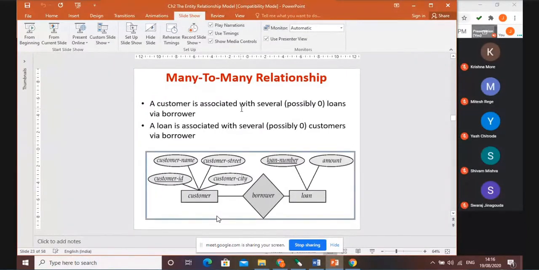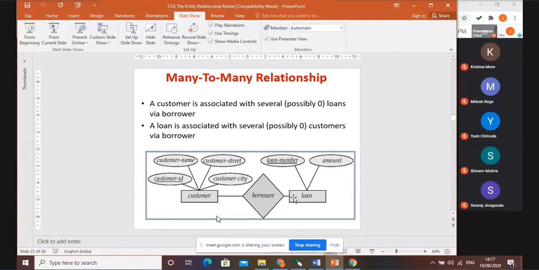Here a customer is associated with several loans via borrower. See here, the solid line indicates that one customer is associated with several loans and one loan is associated with many customers. So the relationship is one-to-many from here, and one-to-many from here. So it indicates many-to-many. A customer is associated with several loans. One customer can take many loans.